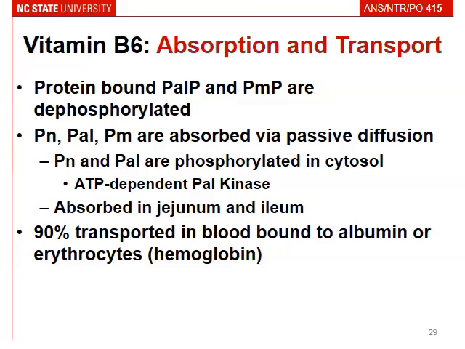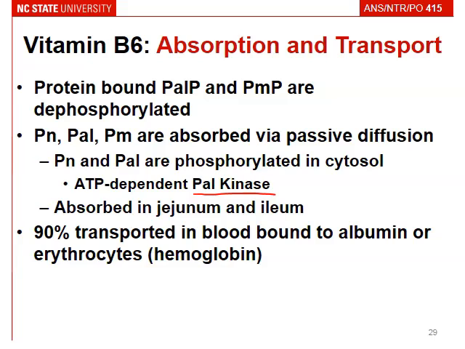And then pyridoxine and pyridoxal are phosphorylated in the cytosol. This is dependent on pyridoxal kinase, so it's ATP dependent, so it is requiring some energy. And then it is also absorbed in the jejunum and the ileum.